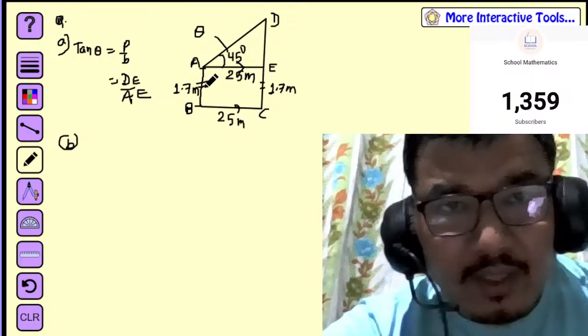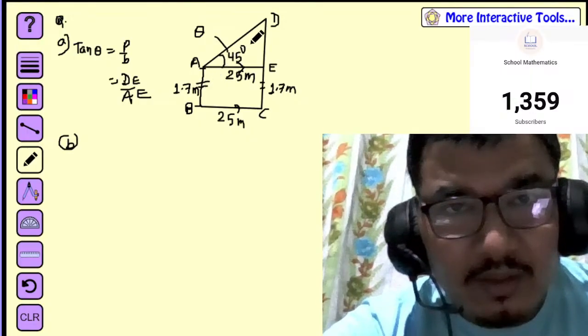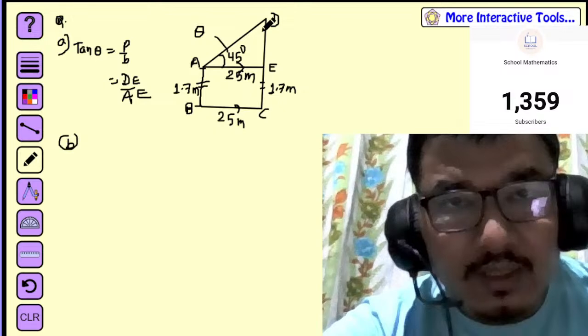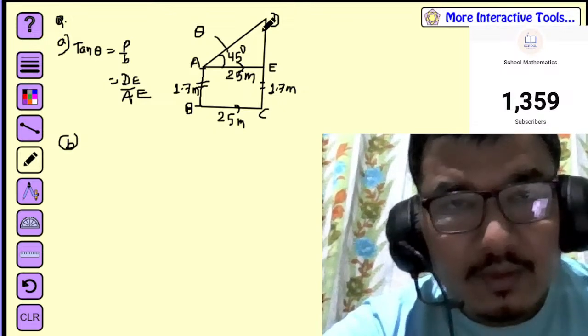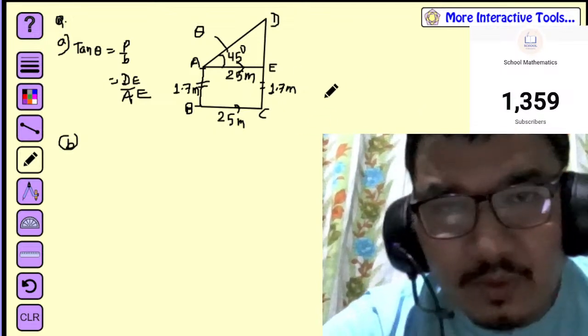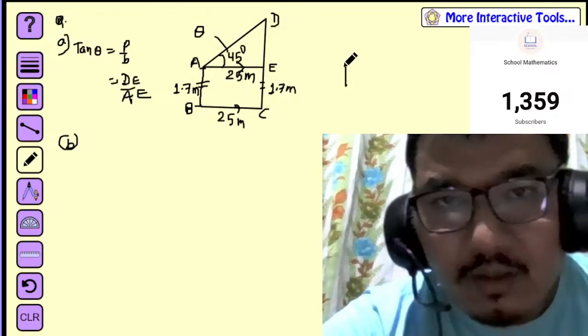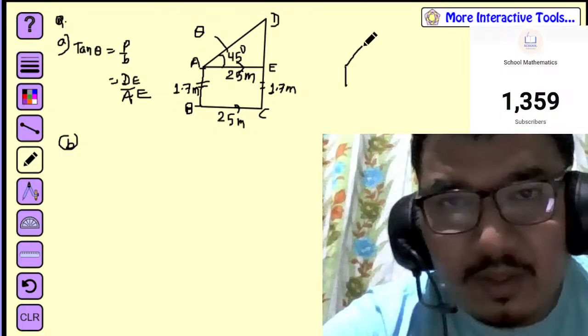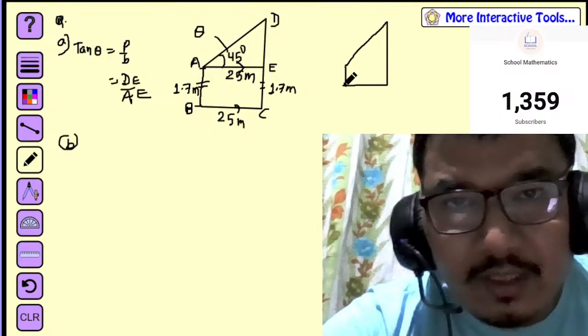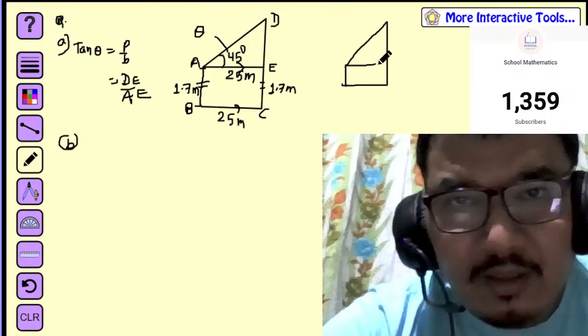At that time, if that observer looks here, then of course the angle, look, I will show here. One observer is here, looking at the top. Suppose like this, and here is the angle.